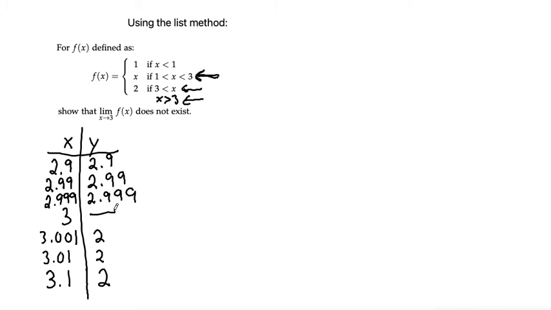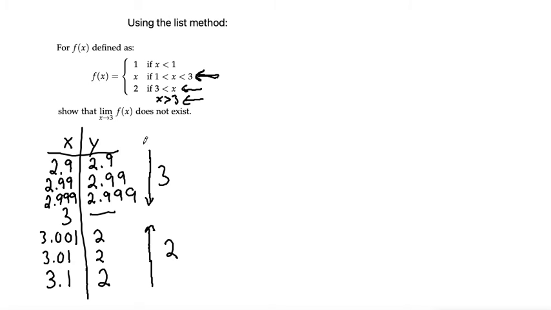So now, what we want to look at is what the values of y are approaching as x approaches 3. As we go from 2.9 to 2.99 to 2.999, that appears to be approaching the value of 3. And as we go from 2 to 2 to again 2, this one's not changing, so it's approaching 2.